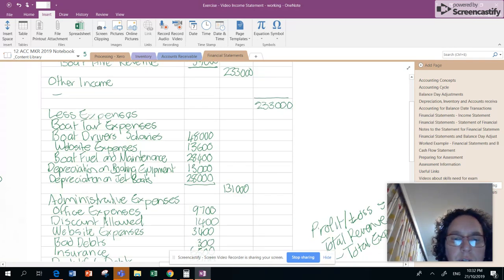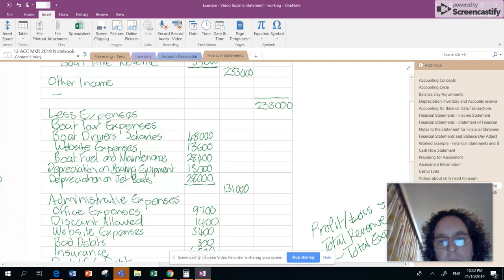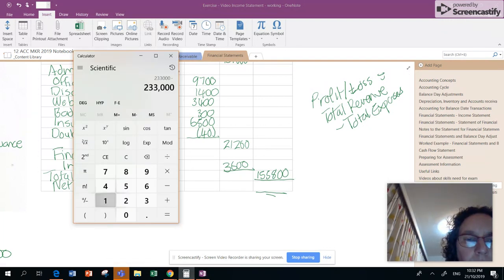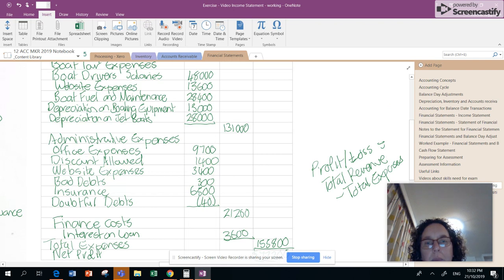Right, so we've got 233,000 minus 155,800, leaving us with 77,200 for our profit. And that's how you do an income statement for a service firm.